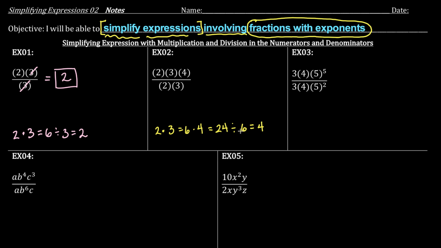So the question is, can I get there faster than this? Well, remember, you can write this in any order. So I could do 4 times 3 times 2 divided by 2 divided by 3. So 2 divided by 2 would just give me 1. 3 divided by 3 would give me 1. So I have 4 times 1 times 1, which is 4.